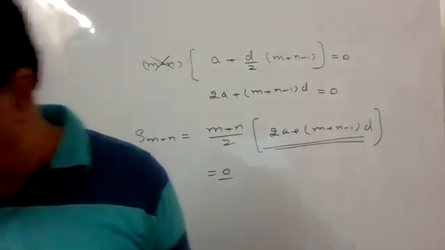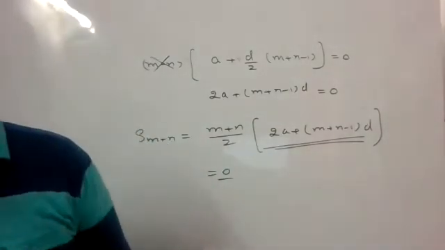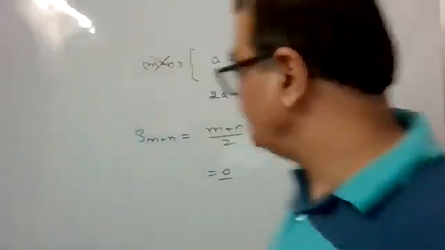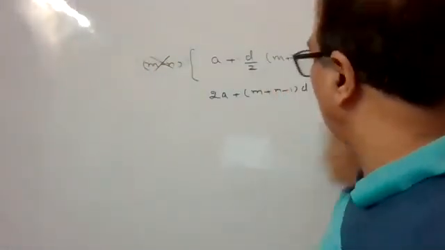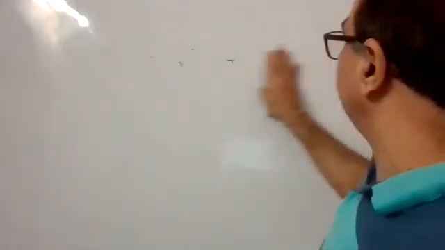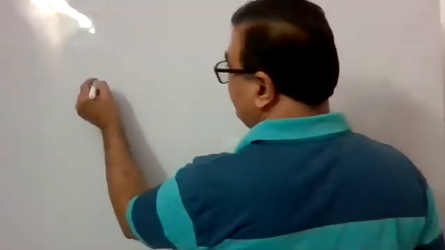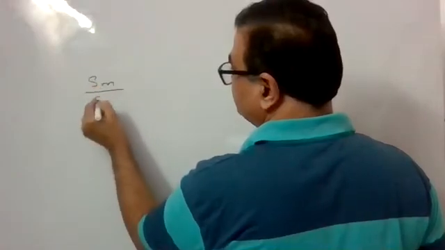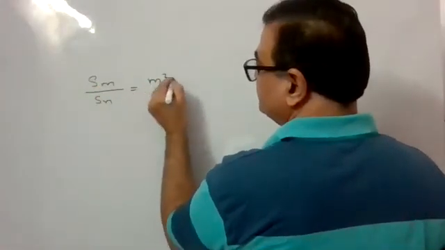The ratio of the sum of m and n terms of an AP is m square ratio n square.